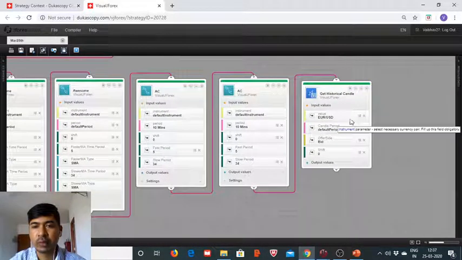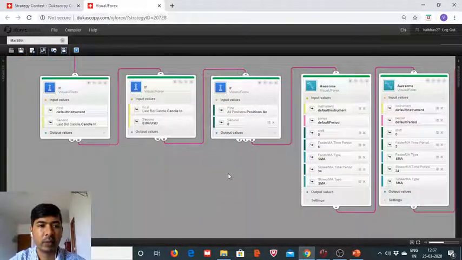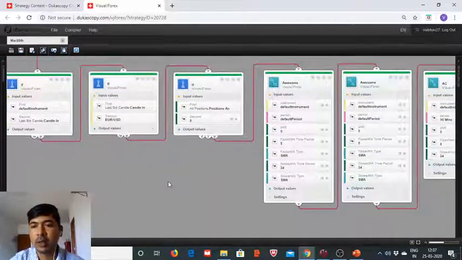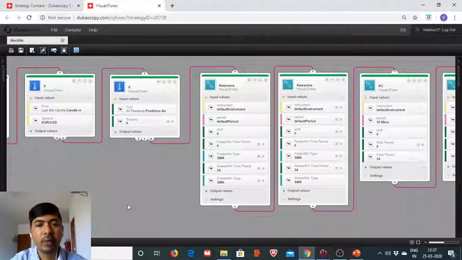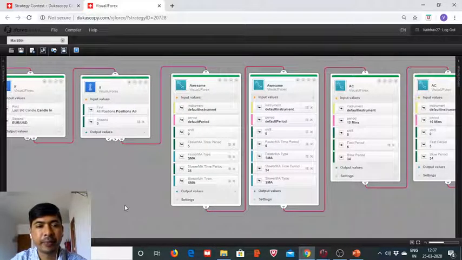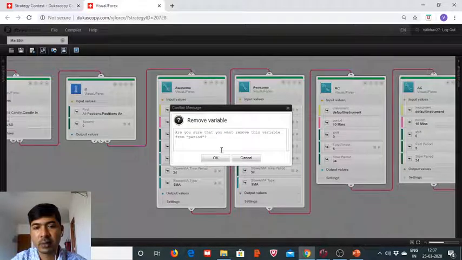Now let us do the changes. We have kept the default instrument Euro USD. You can make changes to that. If you want to work with another instrument, you can do that anytime. Now 4 hours, let's change this.